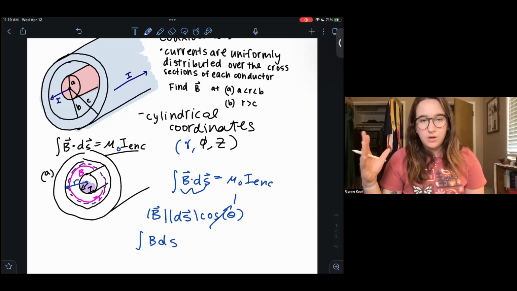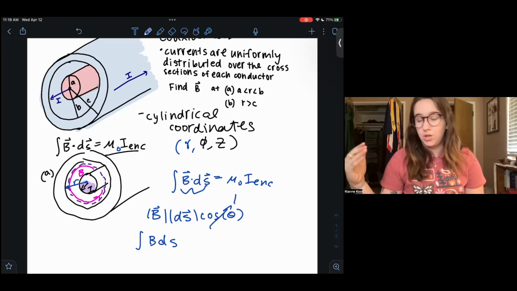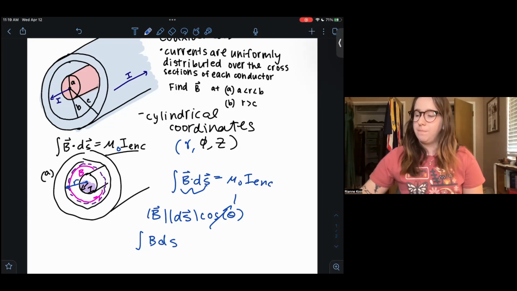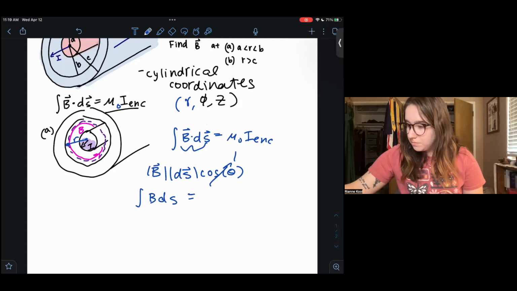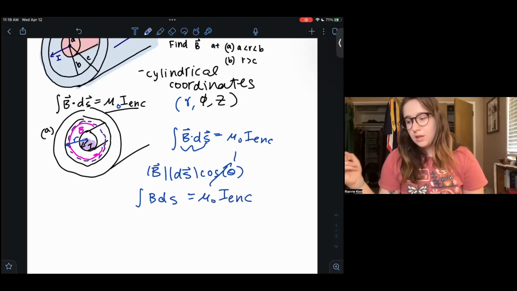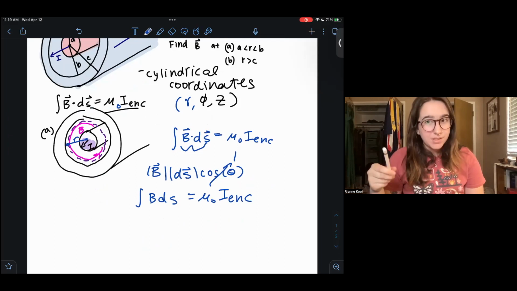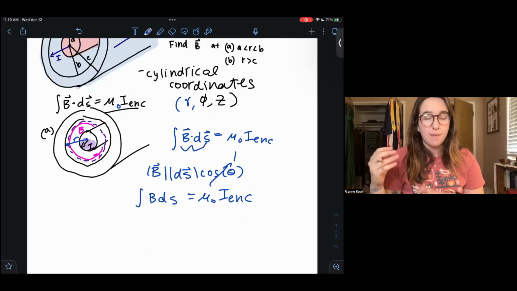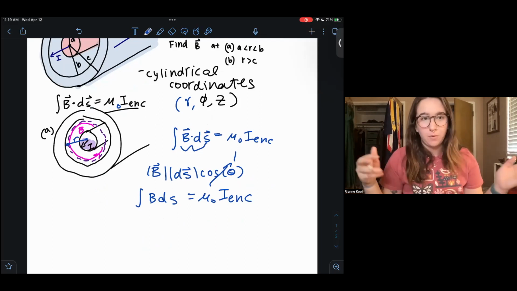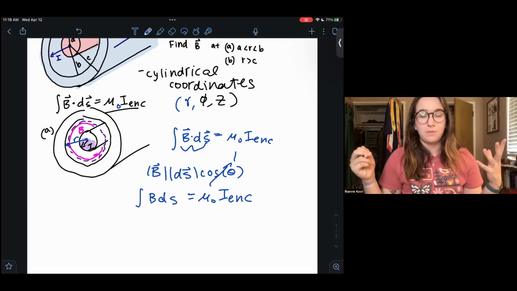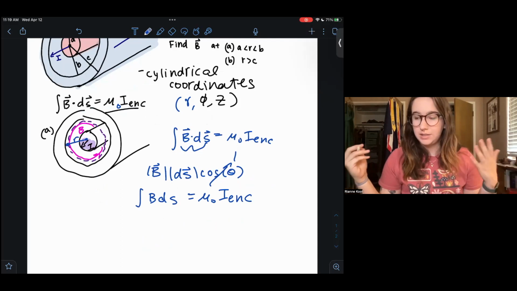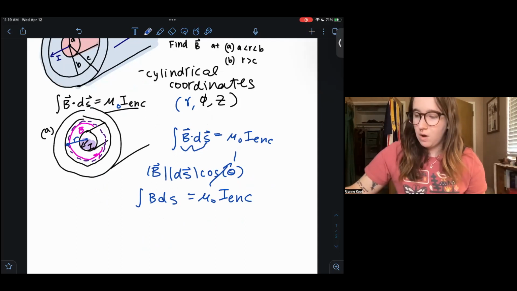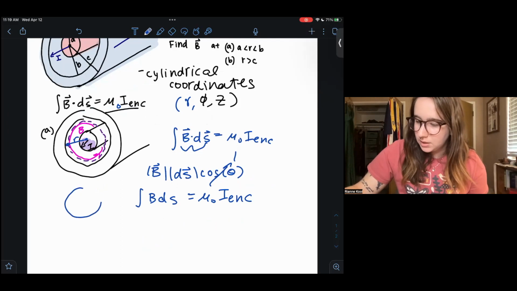We've already decided that since our B and our ds are in the same direction, we can now integrate that, and that is equal to mu naught I enclosed. I'm going to do it just like I did before, in terms of how our ds is found. So our ds looks something like this.